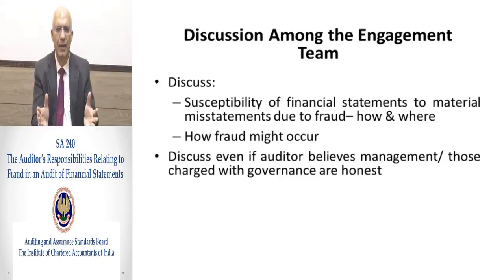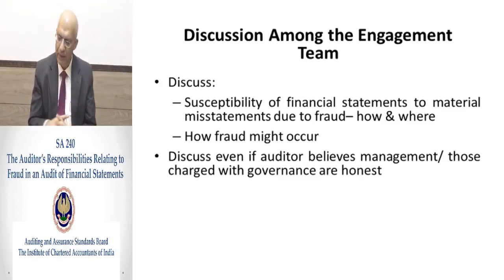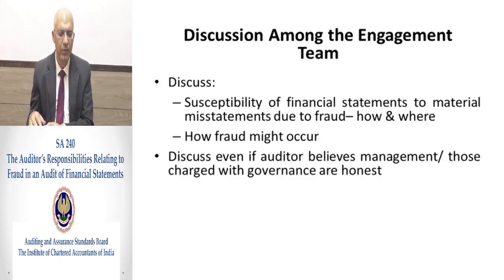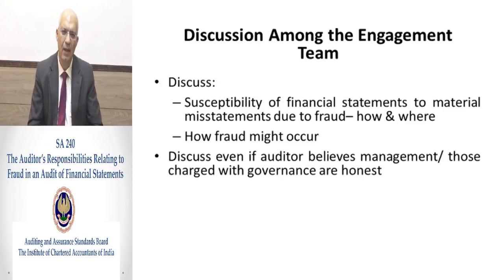This entire thing has to be discussed within the engagement team: what is the susceptibility of the financial statements to material misstatements due to fraud? How and where can it occur? Is it revenue? Could it be inventory? Could it be fixed assets? Is it in terms of contracts?